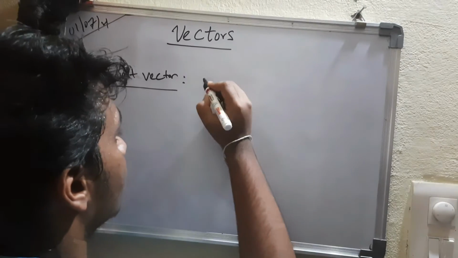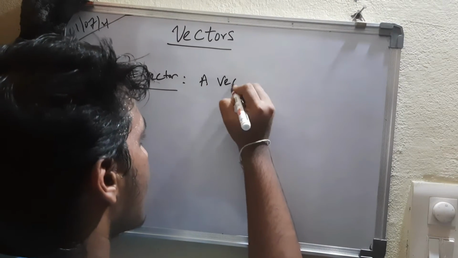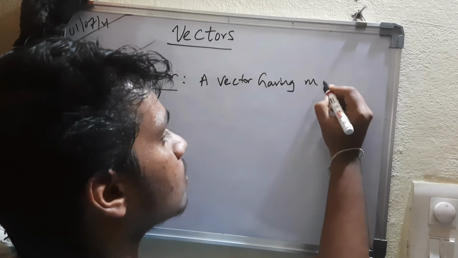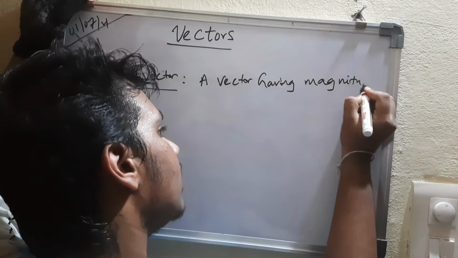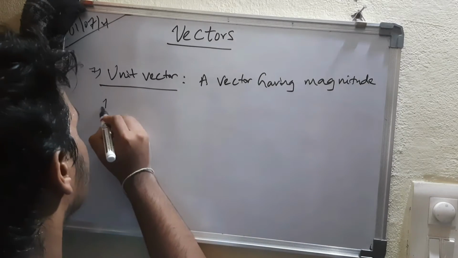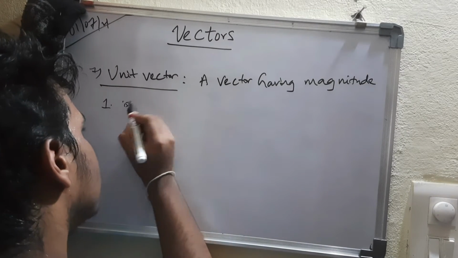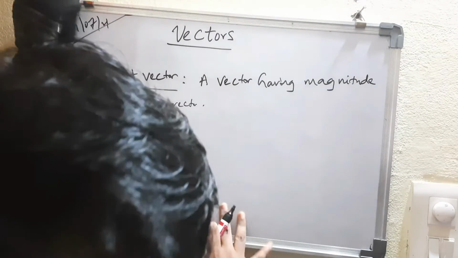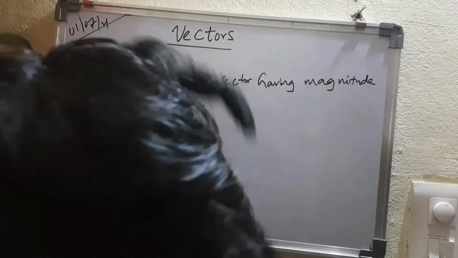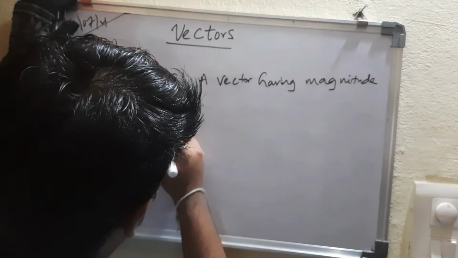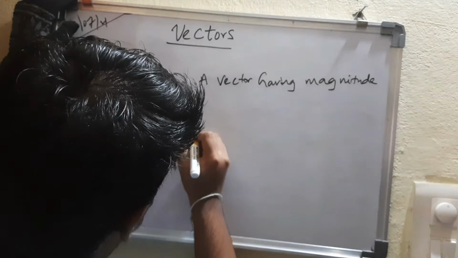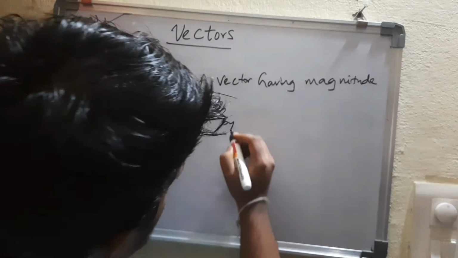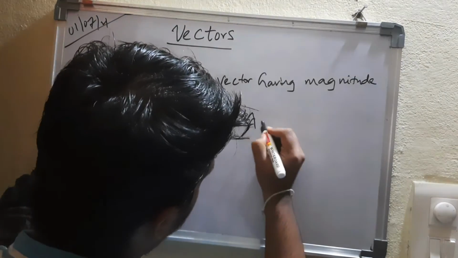So a vector having magnitude 1 is a unit vector, represented by a cap.